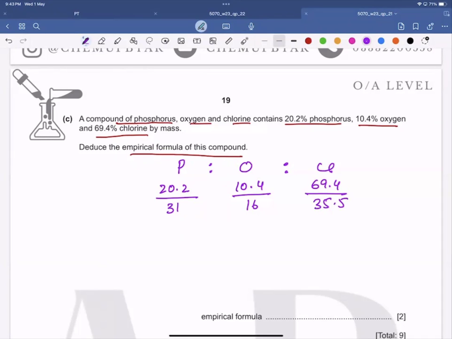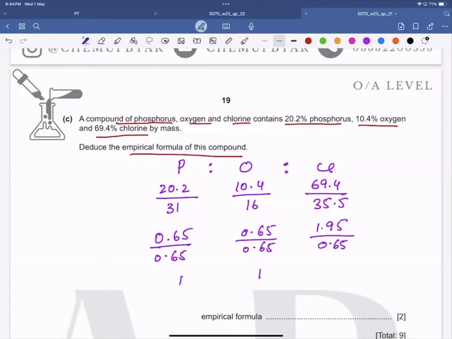0.65. Okay, 0.65. Thank you, Rahim. And then 1.95. So 0.65 is the smallest, so we divide all the values by 0.65.